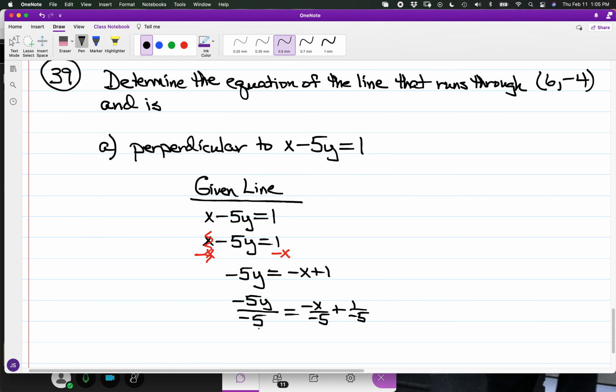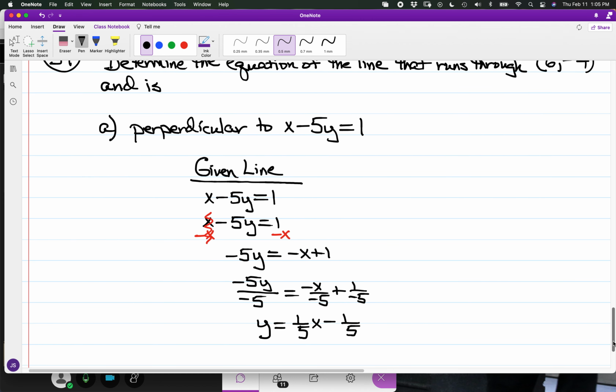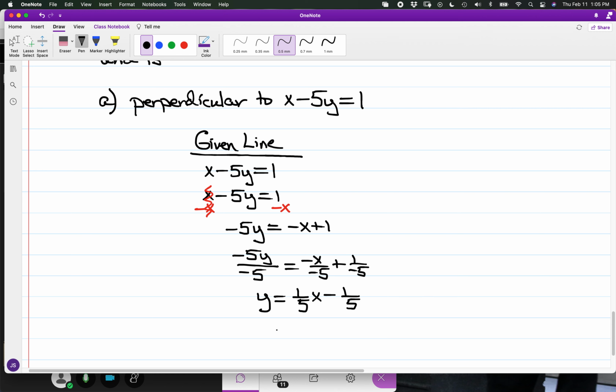So we'll come out to y is equal to, now negative over negative is going to be a positive, so you have 1/5 of x minus 1/5. So for the given line here, the slope m is equal to 1/5.